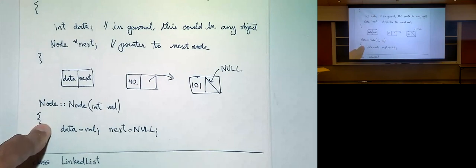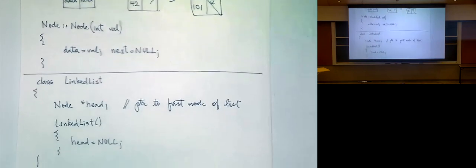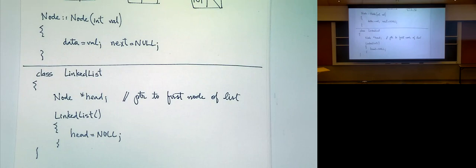The node class has a constructor that takes a value, which would be an int in this case, and constructs a node with that int. And then you have a linked list class, which when you construct it, just creates a pointer called head, which is assigned to null, meaning the list is empty. And now you need to start building the list by inserting things into it.